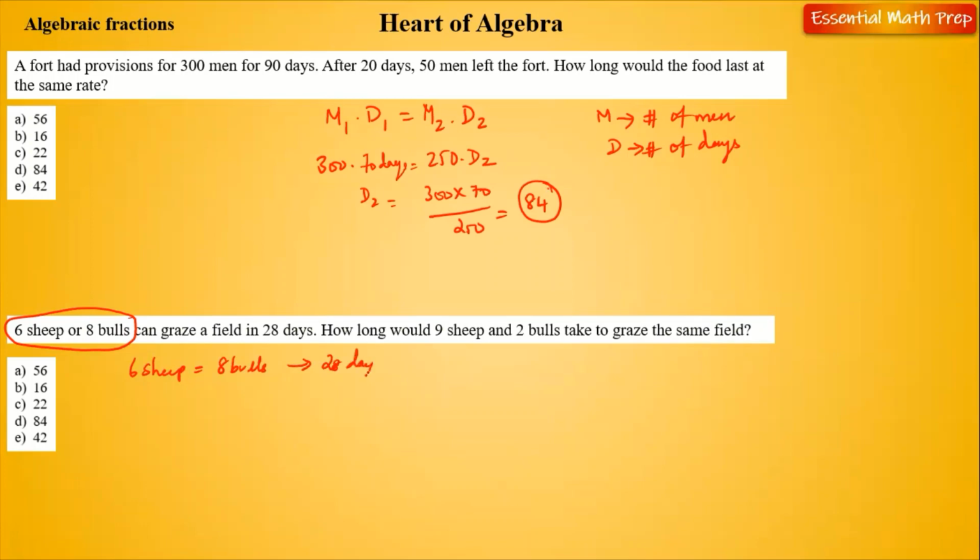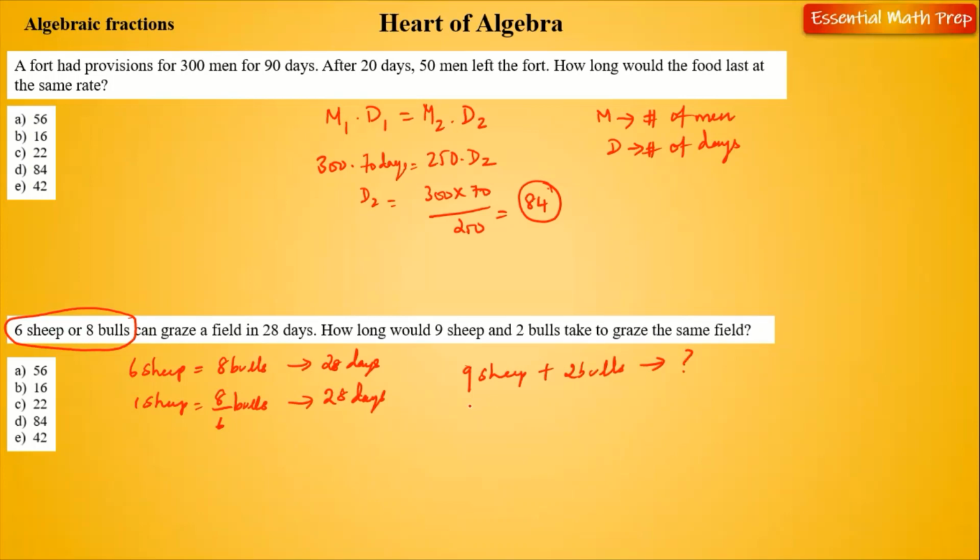So in other words, if you were to convert sheep into bulls or bulls into sheep in terms of ratio, then it makes the problem simple. In other words, 1 sheep would be the same as 8 over 6 bulls, to take 28 days to graze the field. That means 9 sheep plus 2 bulls, what would it take? That's what we are ultimately asked to figure out.